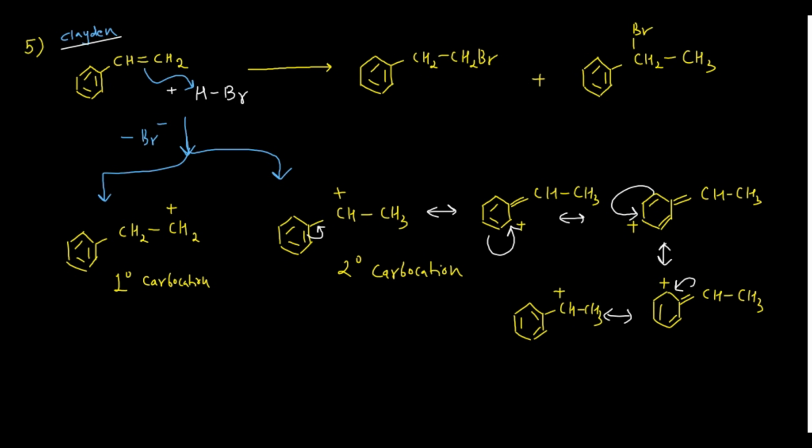What is the difference between this structure and this structure? Only the position of the double bond is different. So this is highly stabilized, right? If it is very highly stabilized, what is the meaning of that? The Br negative of your HBr will attack onto this carbon, and you will have this product.